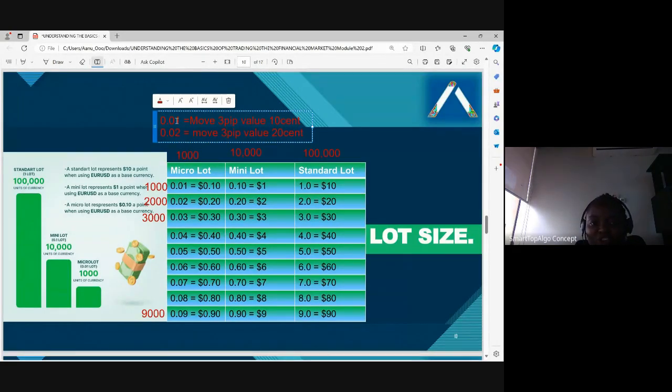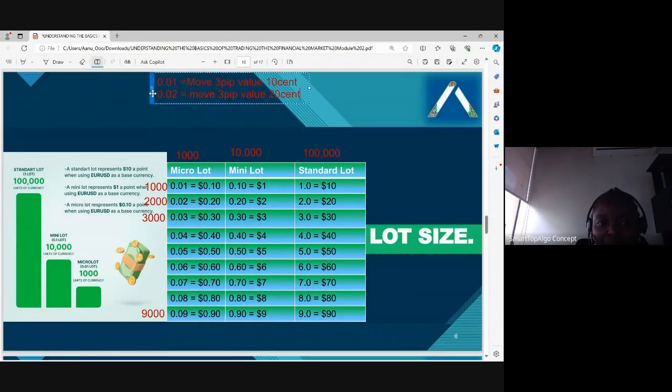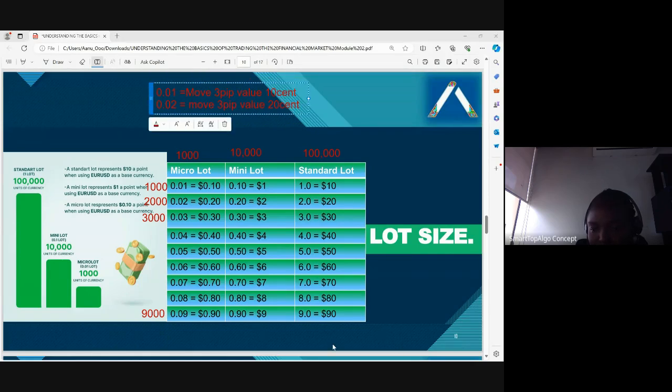This is just the measure of movement per pip. If I use 0.03 and price moves my direction 1 pip, the value of that 1 pip is 30 cents.